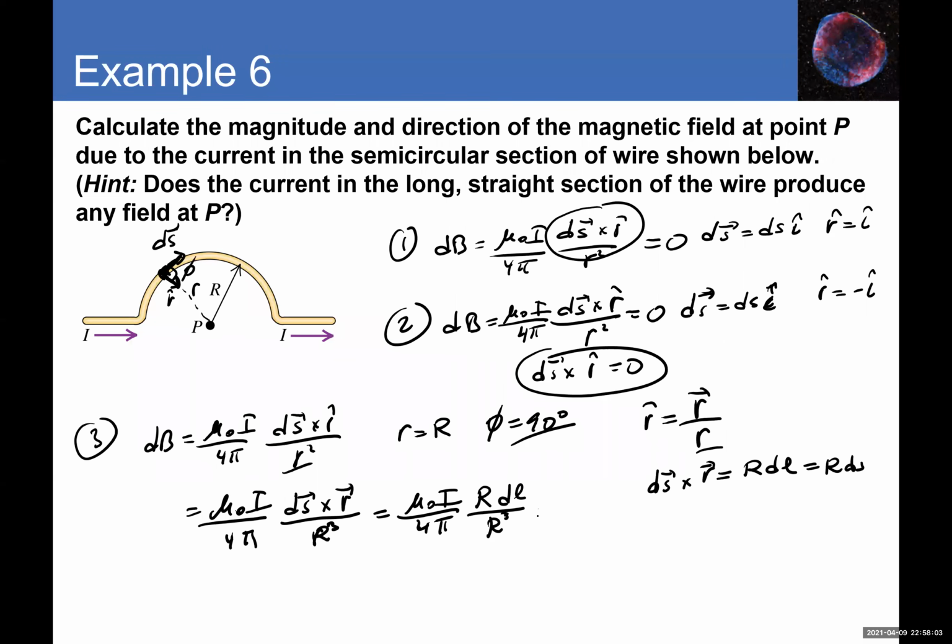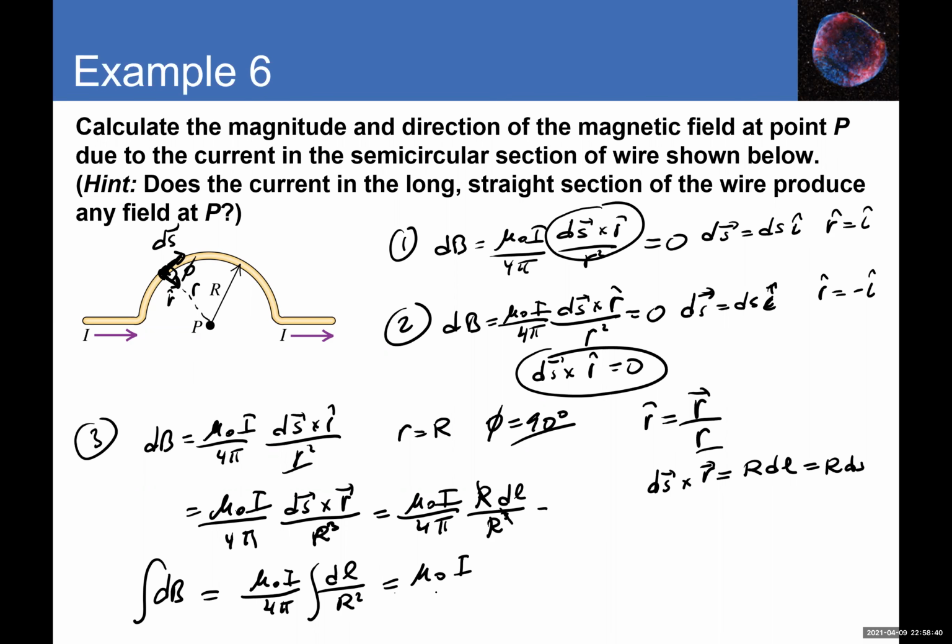From here, I have mu naught I over 4 pi, then this will cancel out with that, so I have dl over r squared. And this can now be integrated. If I do the integral, pretty much everything, including the radius r, is constant.